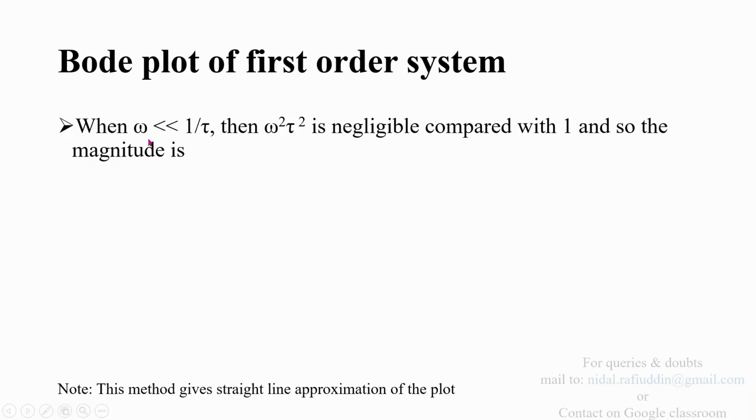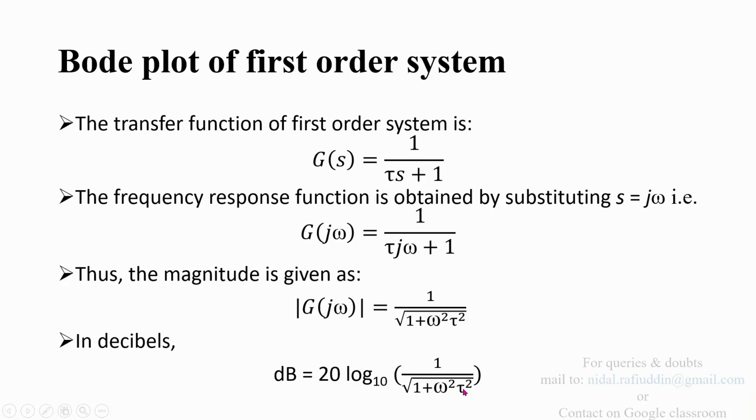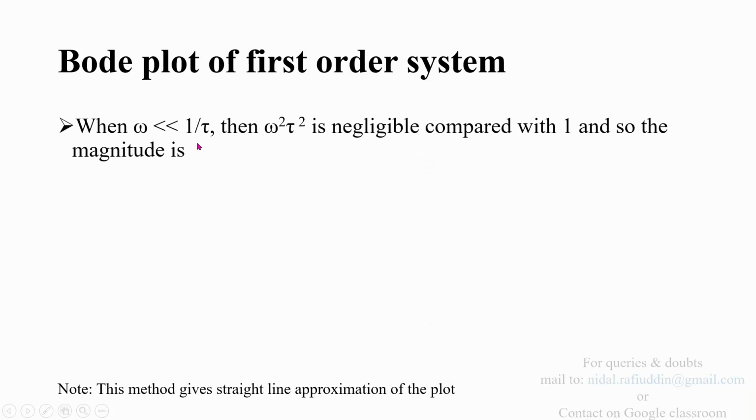One of which is, for example here, you see in this particular function an expression under root 1 plus omega square tau square. So we are going to assume this term under root 1 plus omega square tau square is equal to 1. This assumption, that this term will be close to 1, holds when the value of omega is much less than 1 upon tau.